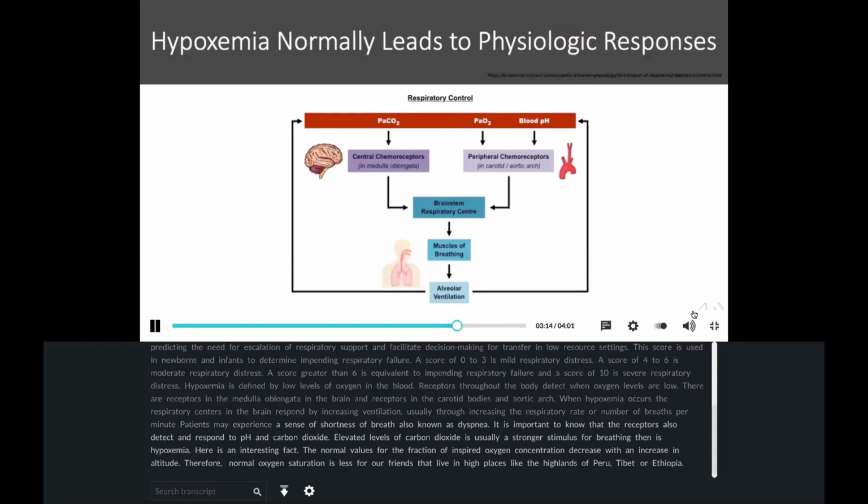Patients may experience a sense of shortness of breath, also known as dyspnea. It is important to note that the receptors also detect and respond to pH and carbon dioxide. Elevated levels of carbon dioxide is usually a stronger stimulus for breathing than is hypoxemia.